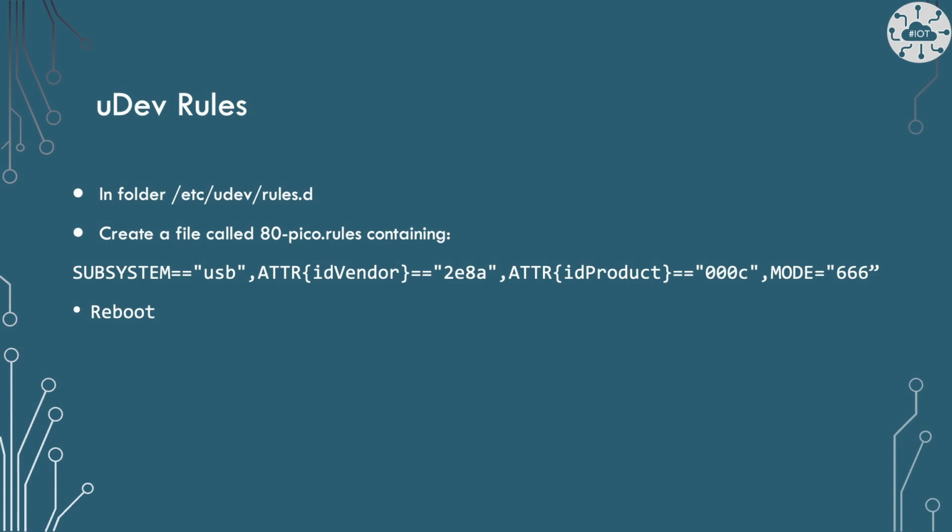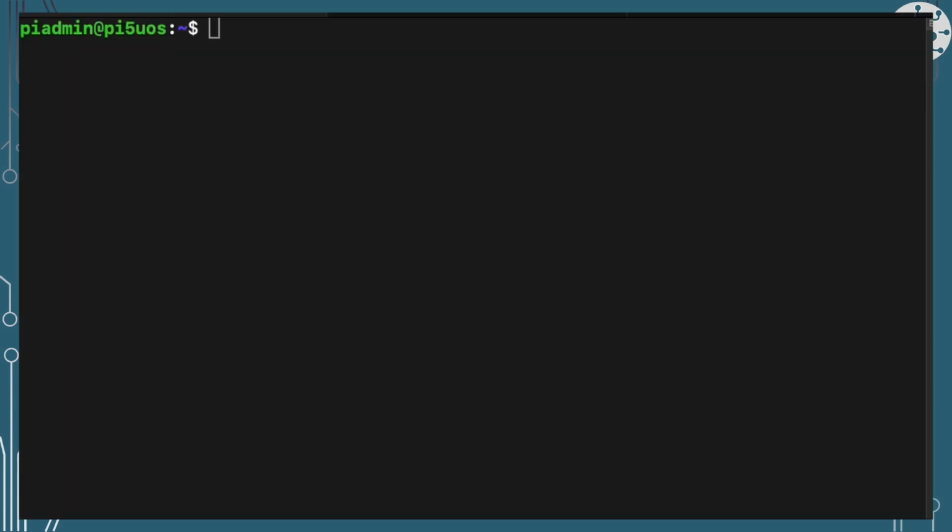So I've created one. So in the folder /etc/udev/rules.d, I created a 99-pico.rules file, which has that line there, SUBSYSTEM USB, with all of the magic codes to recognize a Raspberry Pi debug probe and get that configured and available to use. So I can show you this on the system as well.